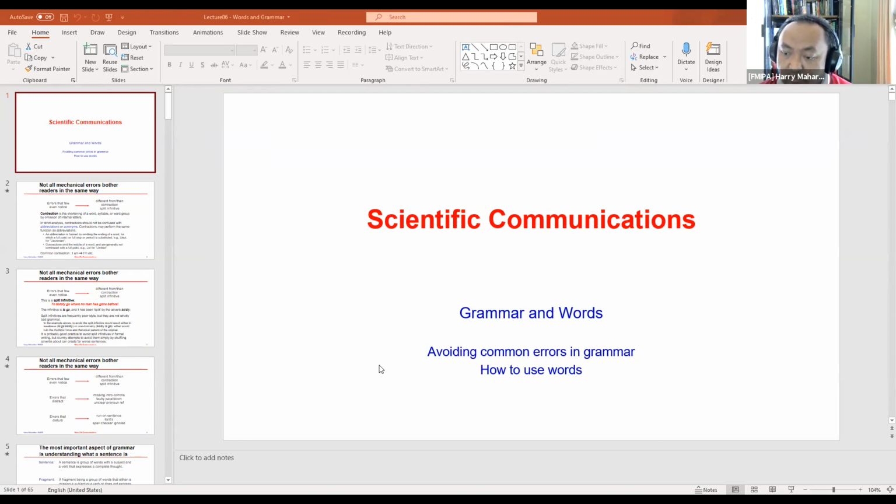It's a formal document that you write in terms of scientific findings or scientific observation from a certain research or from a certain literature review.